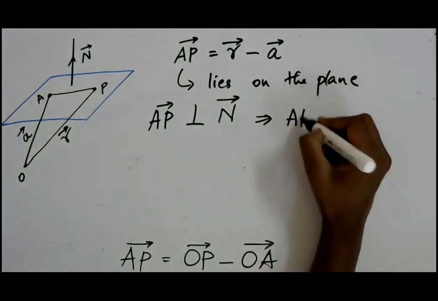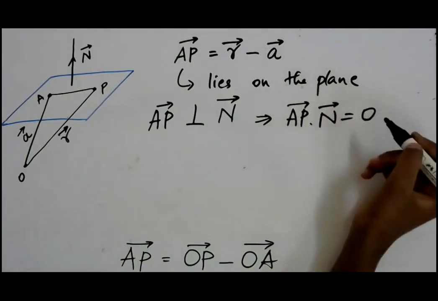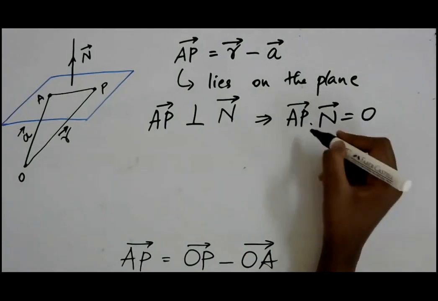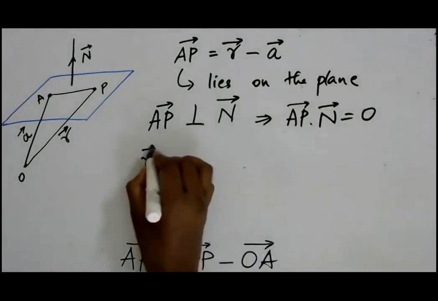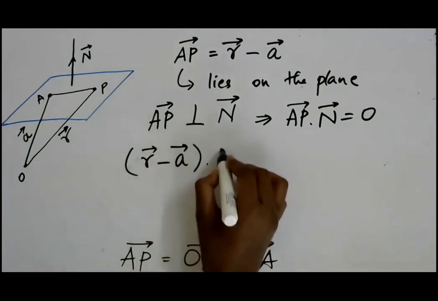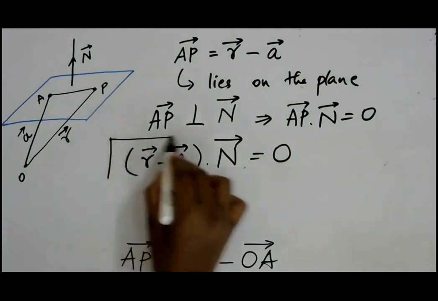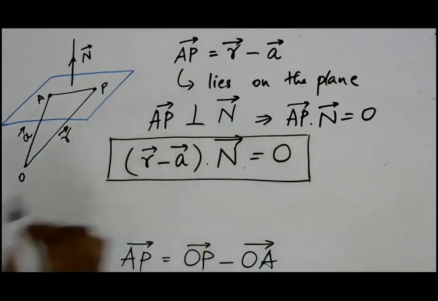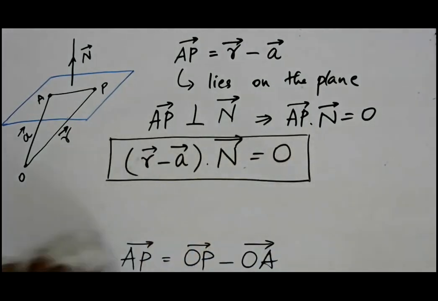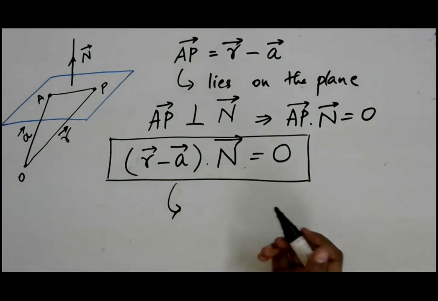So AP vector dot n vector is equal to 0. Rewriting the value of AP vector, we have R vector minus A vector dotted with n vector is equal to 0. So this is the vector form of the equation where we are given a perpendicular vector and a point through which the plane is passing.